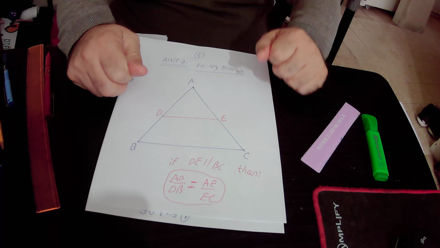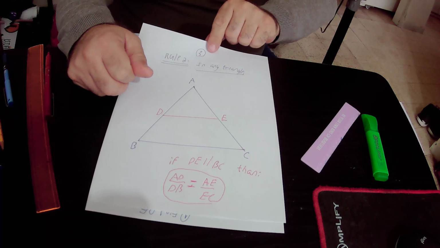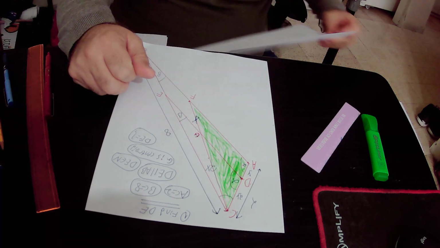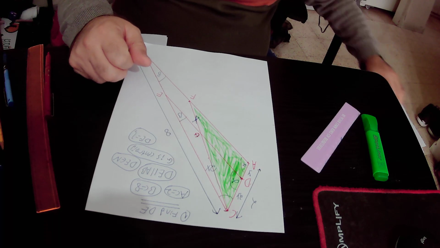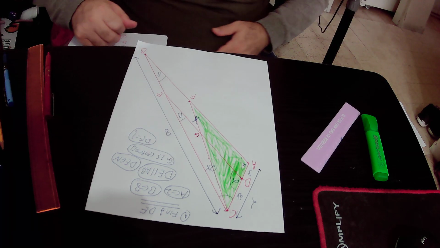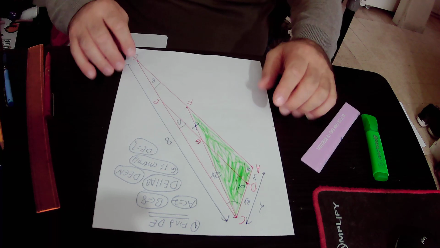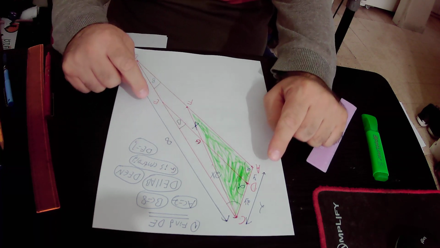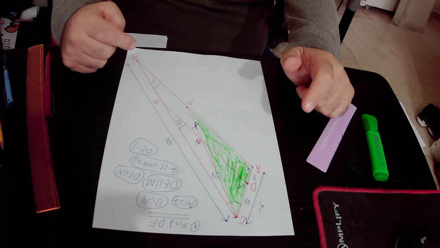Okay, so we can implement rule number 2 in our drawing, because in our drawing it is given in the question that line segment DE is parallel to AB.